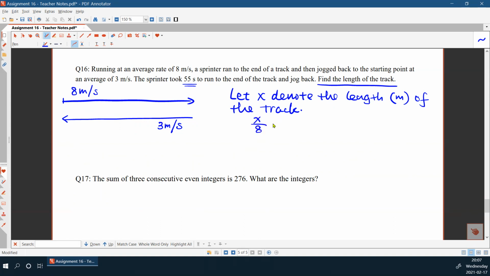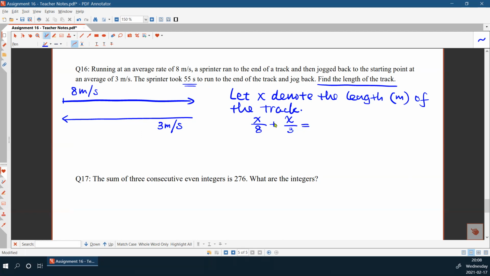Okay, this is the first segment. How about the second segment, which is walking back, right? Time used is X over the average speed, which is 3, right? This is the total time taken for the sprinter to finish a return trip.